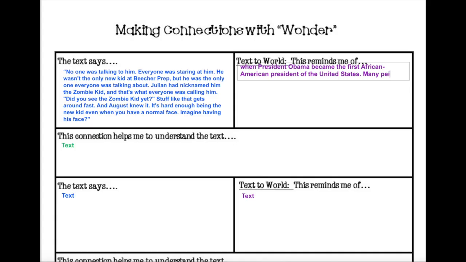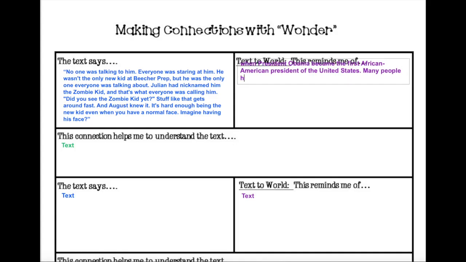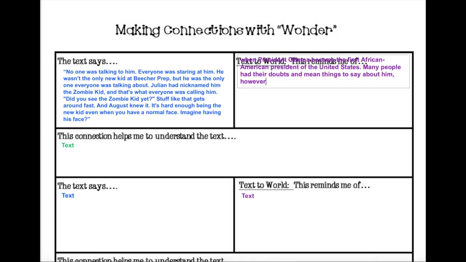Many people had their doubts and mean things to say about him. However, just like Augie, he was there to serve a purpose.